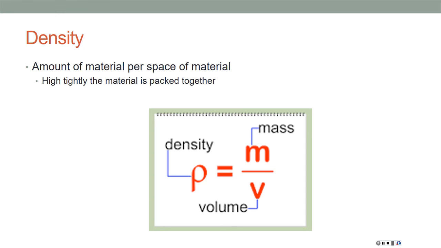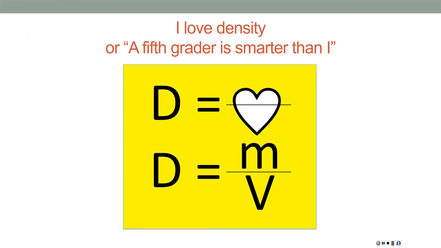Now, to help us remember that, when I was learning it, I just remembered mass divided by volume and so forth. And then I was talking to a family friend of ours, their daughter, she was in the 5th grade or something, and she said, it's easy to remember, you just have to love density. And I said, what are you talking about? Granted, I'm a scientist, so I don't know that I necessarily love density. But she says that's how she learned it.